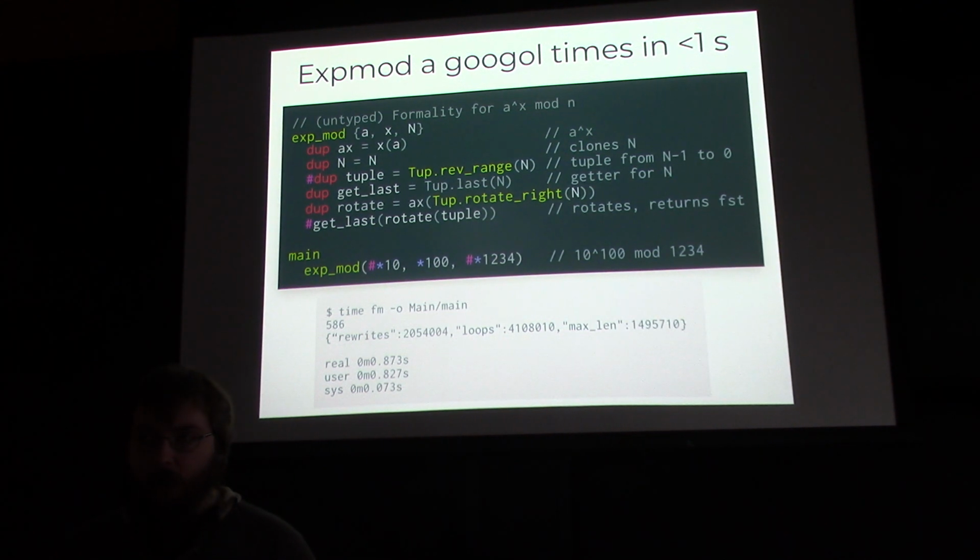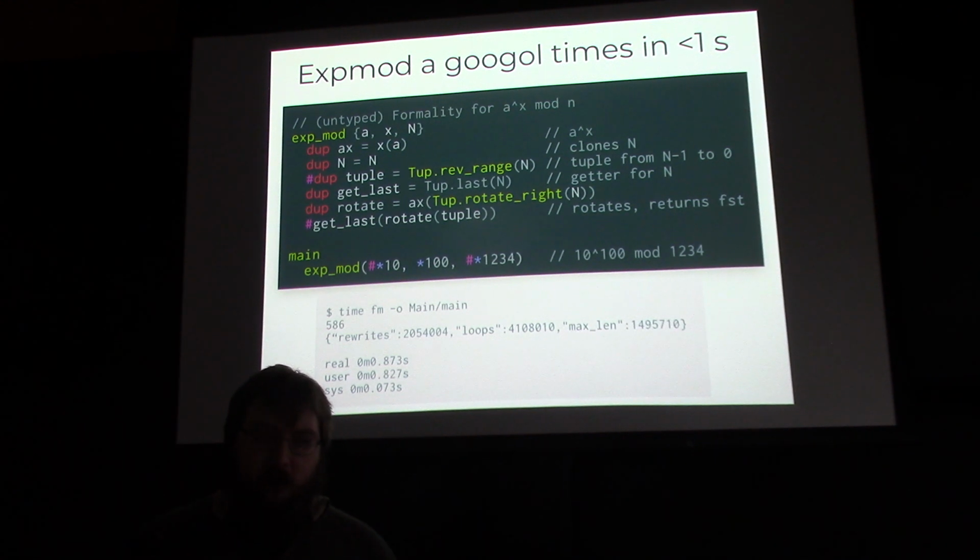If you looked at the nets that these turn into, it's 2 million rewrites, and the max len is the maximum number of nodes. So this is creating a lot of nodes, but reducing them very quickly.